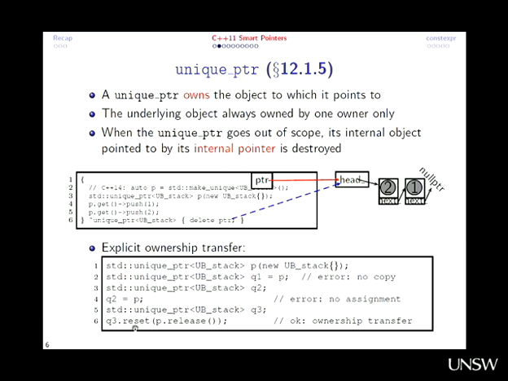And q3.reset, first of all, the reset command deletes or calls the destructor on the thing it contains, and then it gets reset to the pointer which it's being passed in. So unique pointers point to unique objects. You cannot copy them, but you can move them. And again, this week's tutorial is an example of that.